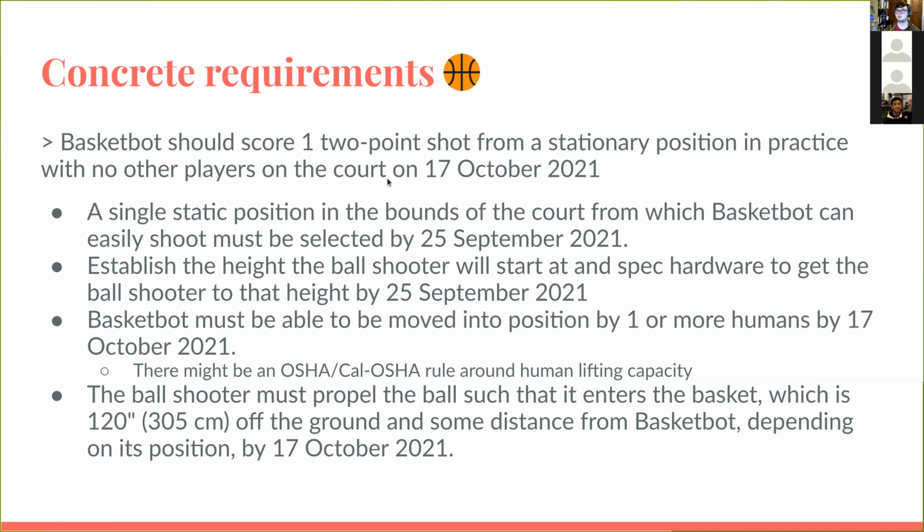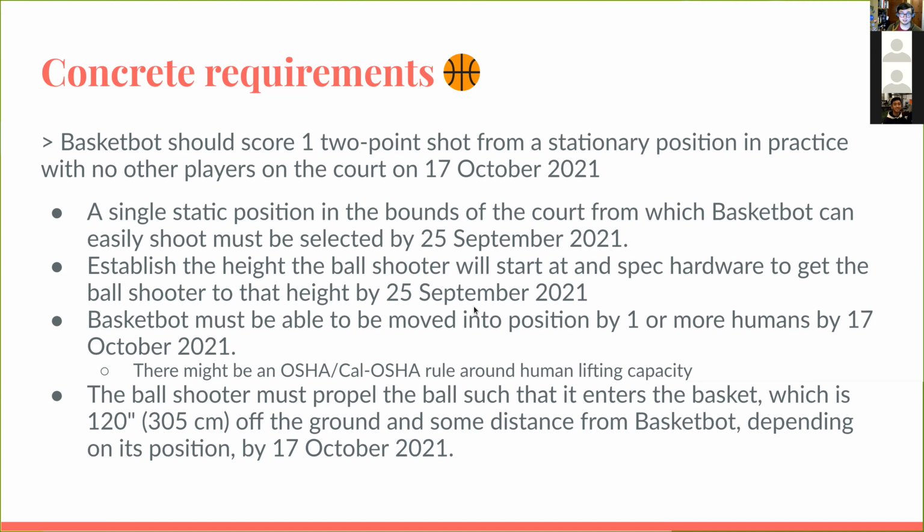How strong are the actuators on the ball shooter, for example. What height will we be shooting from? We could be shooting the basketball from the floor, or we could make a platform that goes high up. And that will affect how we shoot, how we aim, that sort of thing.